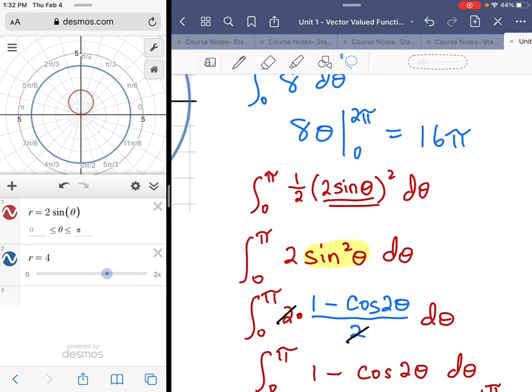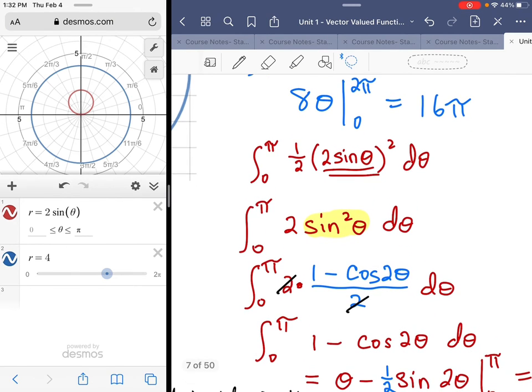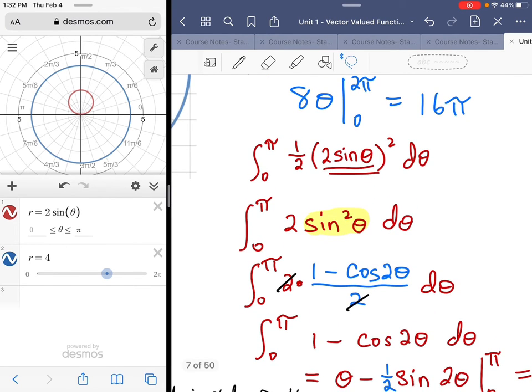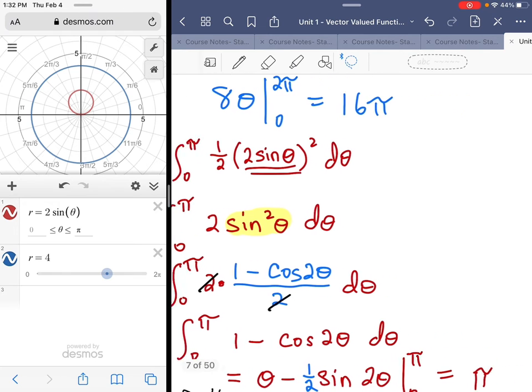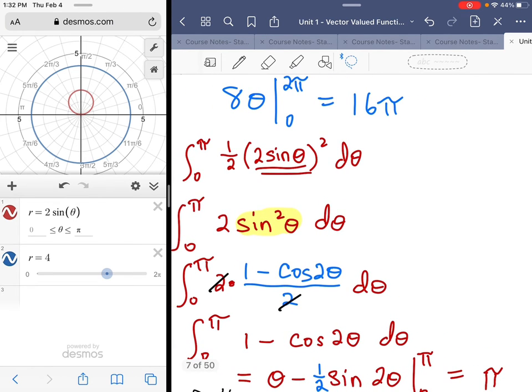When we integrate, I'm kind of stealing my own thunder here. We're looking at theta minus 1/2 sine of 2 theta, because I always operate under the assumption that when you're integrating a trig function, you treat it as if the constant multiple isn't there.